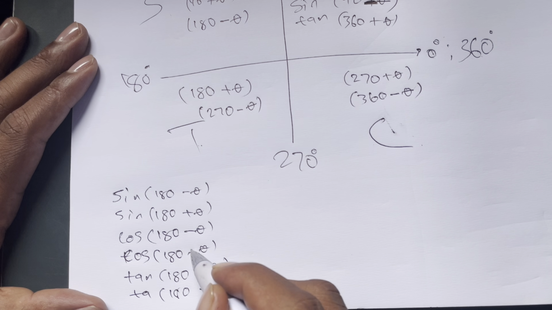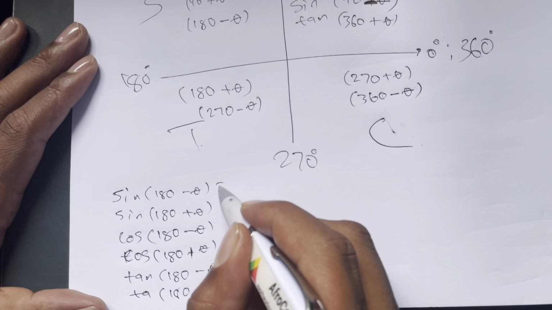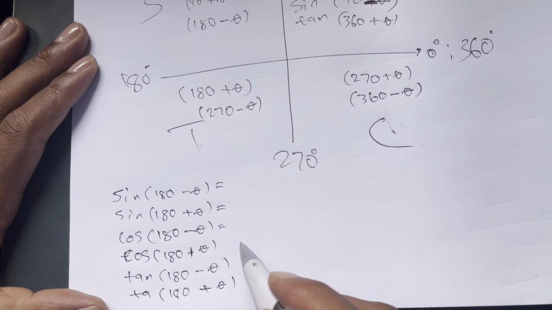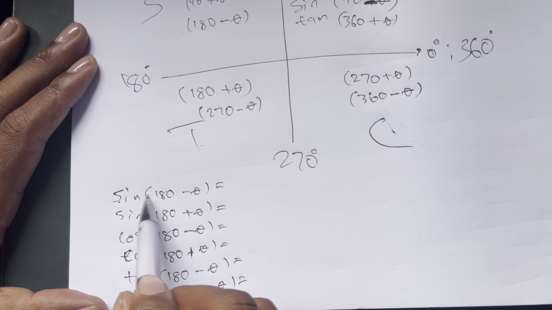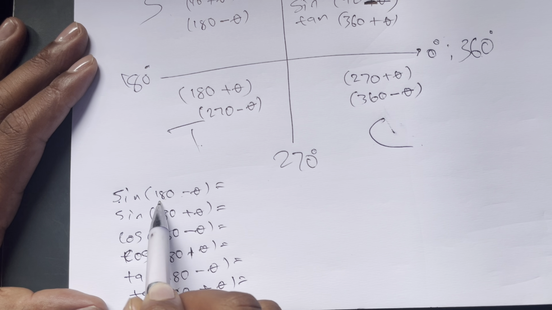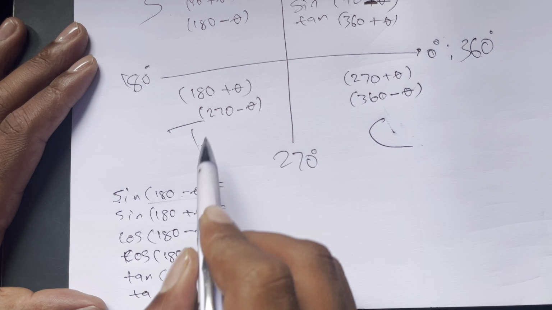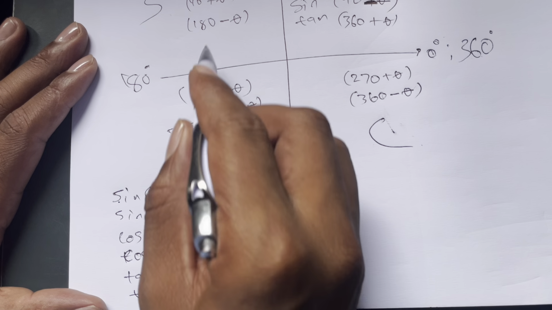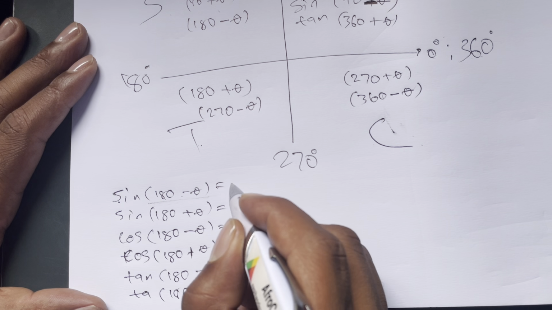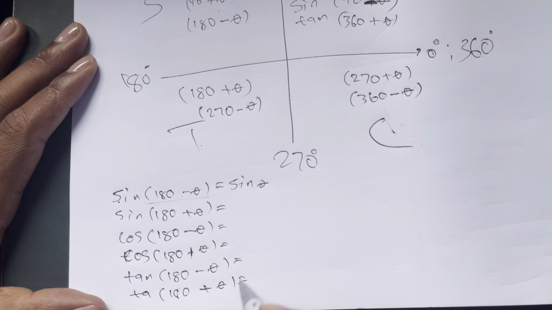So this tells us what we are going to find. Sine in 180 minus theta: 180 minus theta is in the second quadrant, so sine is positive. You're going to have sine theta.